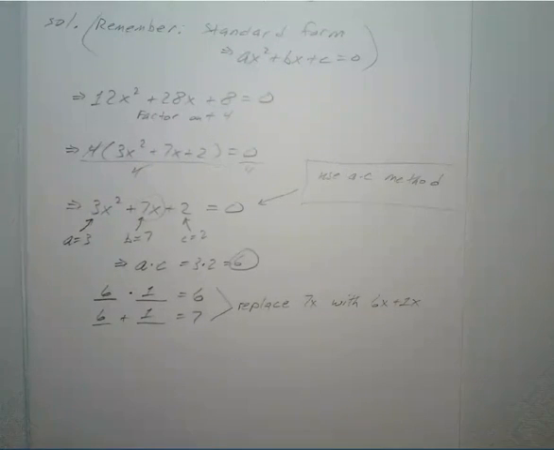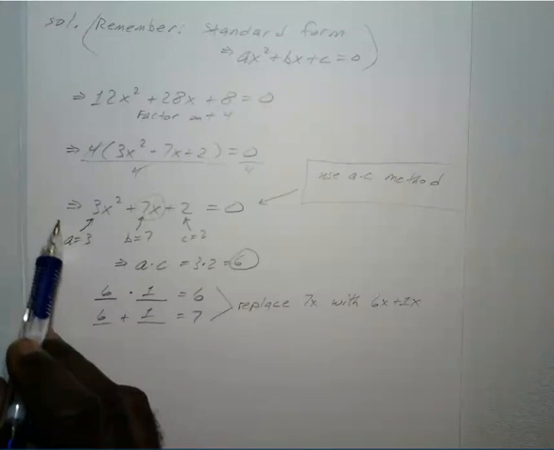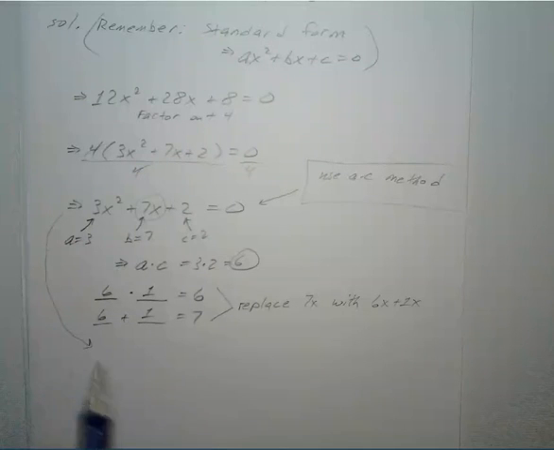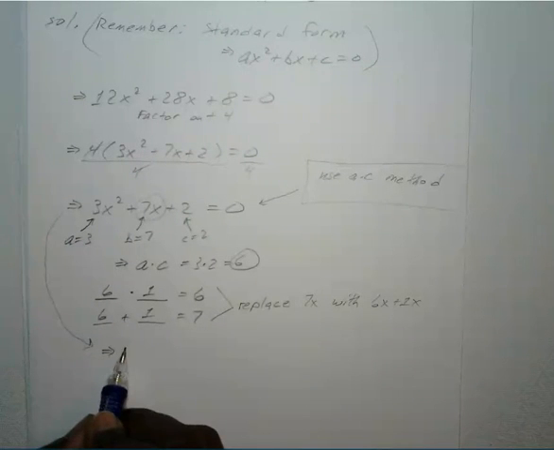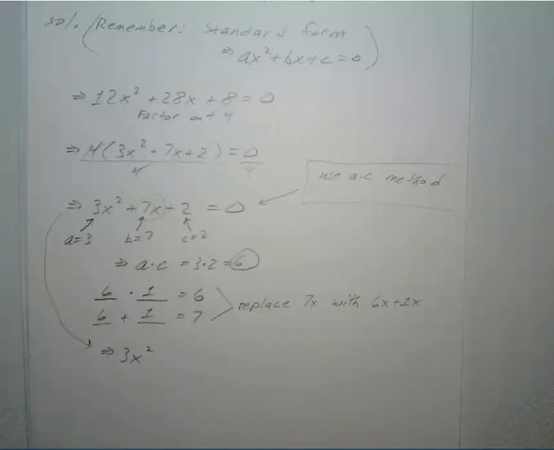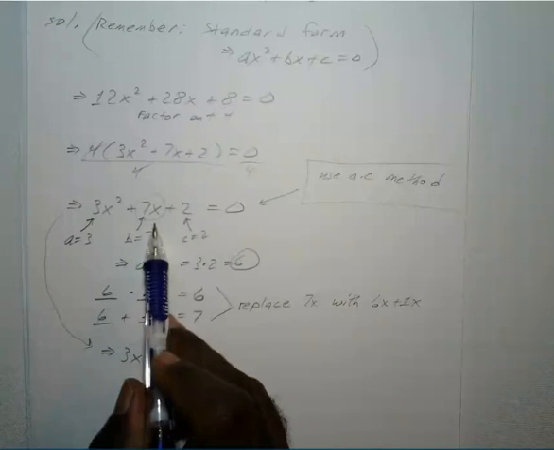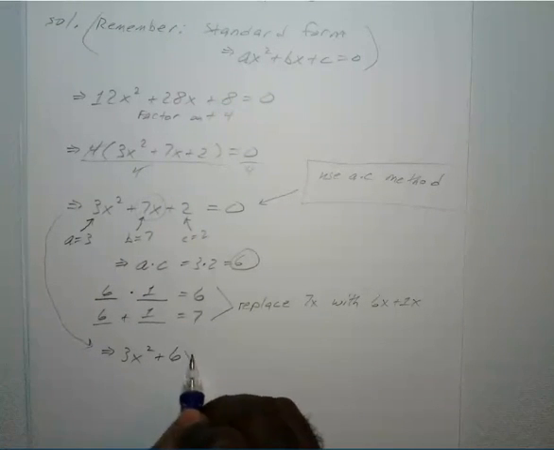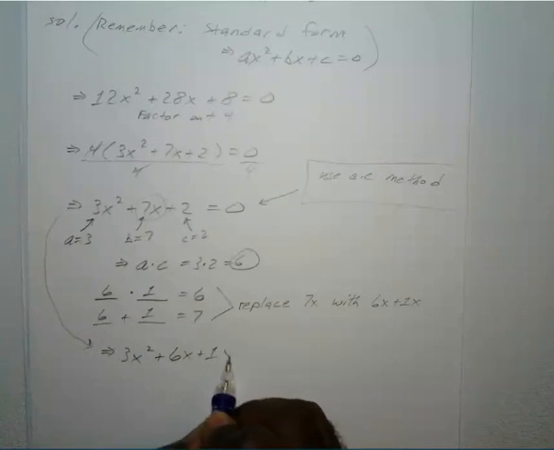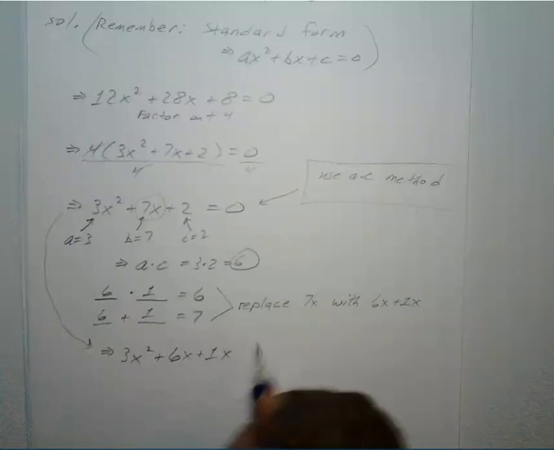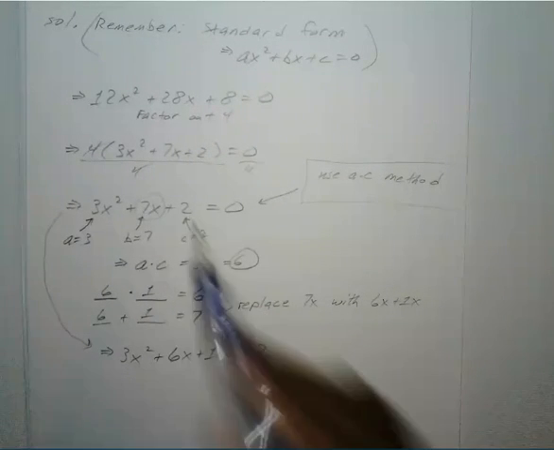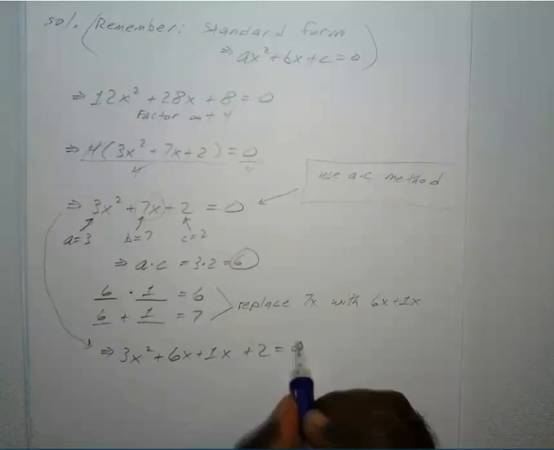You have your 6x and your 1x, just replace the 7x. So that means this now becomes 3x squared plus, and instead of 7x, we have plus 6x plus 1x plus 2, can't forget that, equals 0.